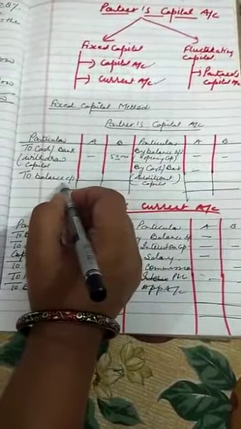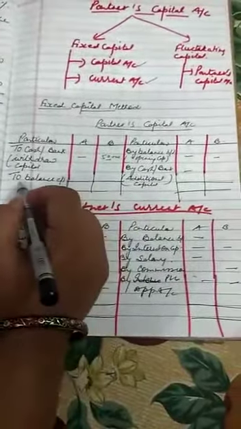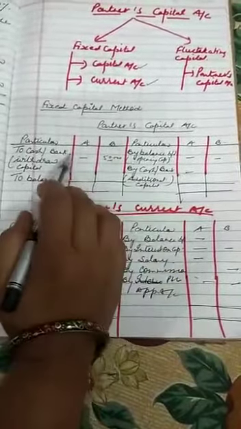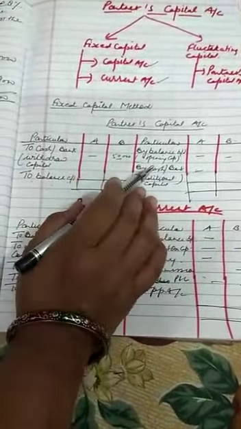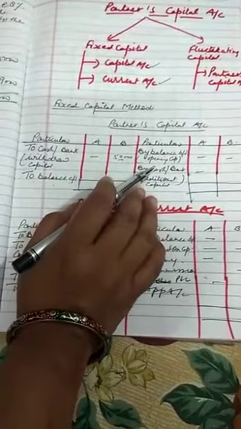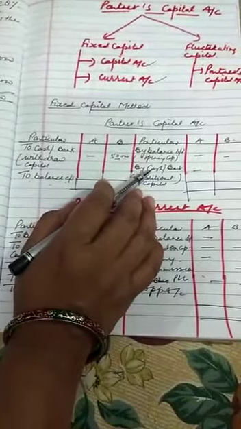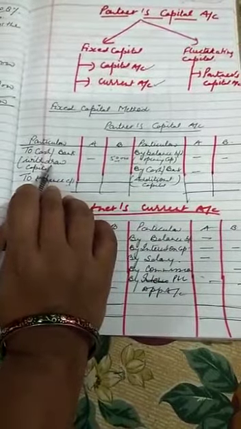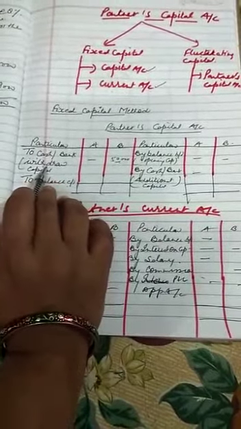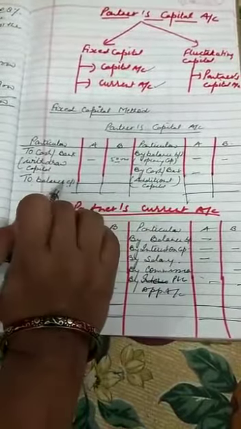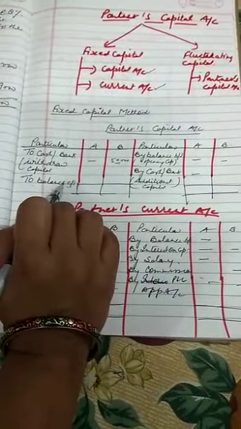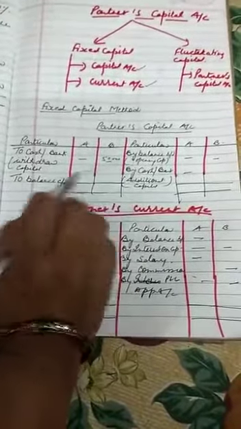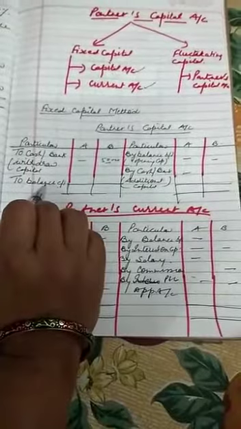And then we find the balancing figure. It is called the closing capital. The opening and closing balances change only when a partner introduces capital or withdraws capital during the financial year. Otherwise, the opening and closing balances are the same.